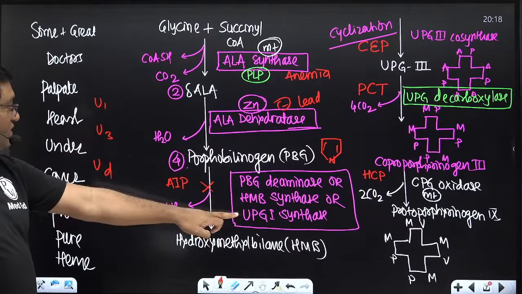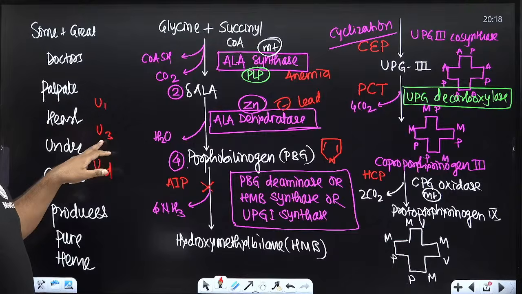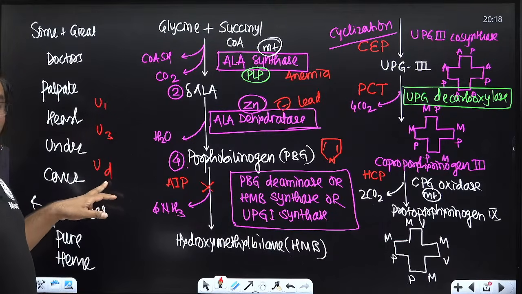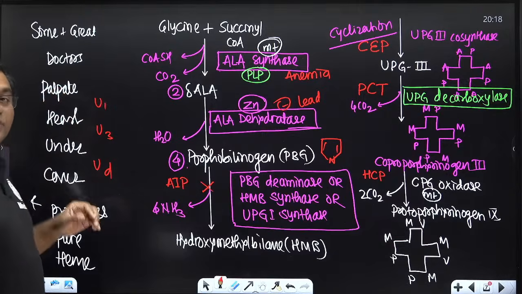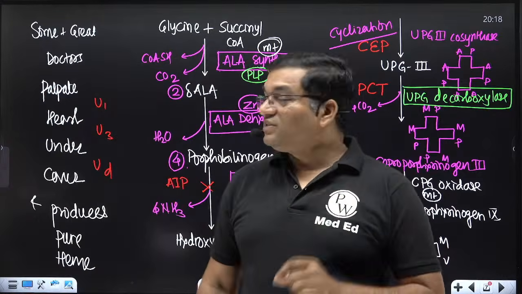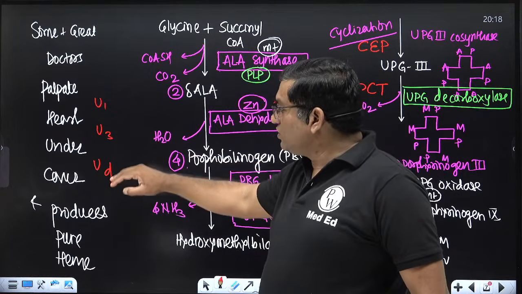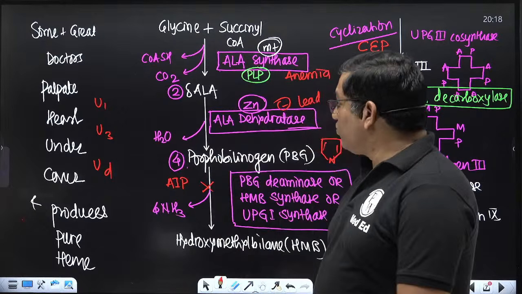Uroporphyrinogen 1 synthase, uroporphyrinogen 3 co-synthase, and uroporphyrinogen decarboxylase.